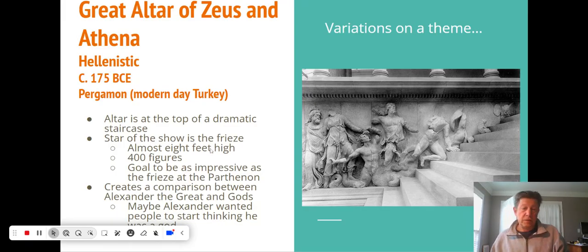And of course, Alexander is enjoying great success militarily and expanding his empire and building himself an acropolis at the very highest part of this place, Pergamon, which is in modern day Turkey.